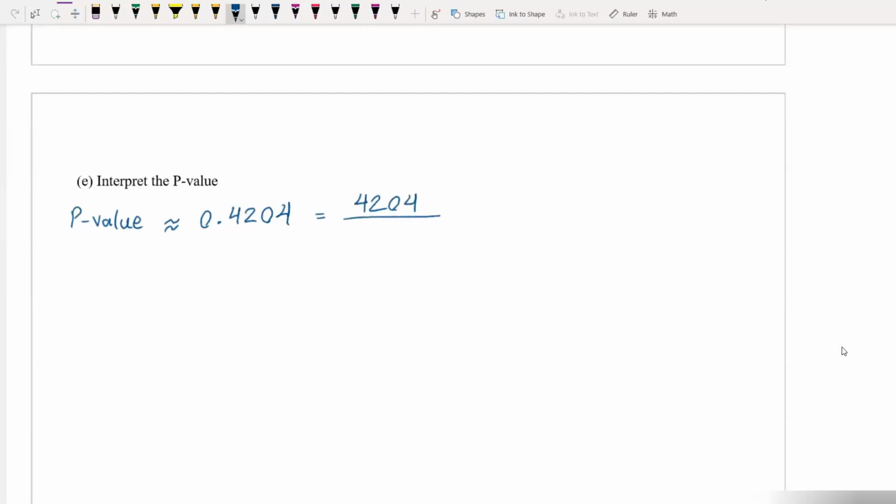Writing this as a fraction, we have 4204 on top, and the denominator has 1, 2, 3, 4 zeros, so divided by 10,000. We didn't reject the null.